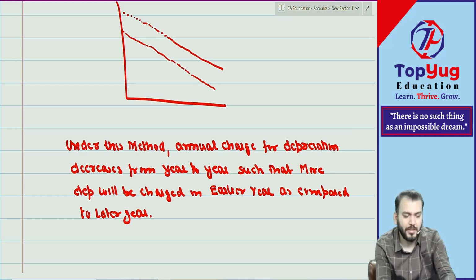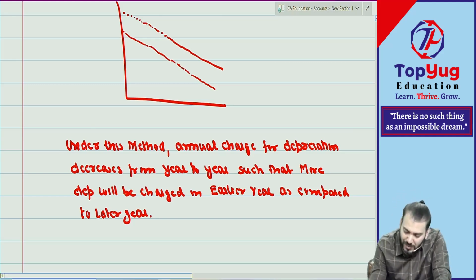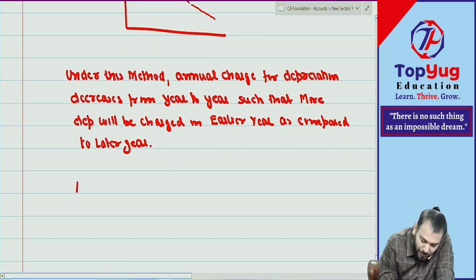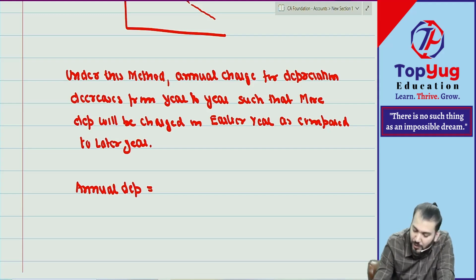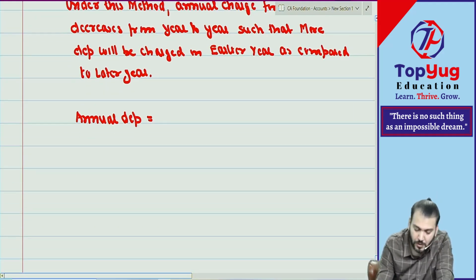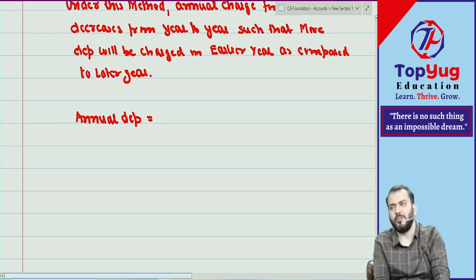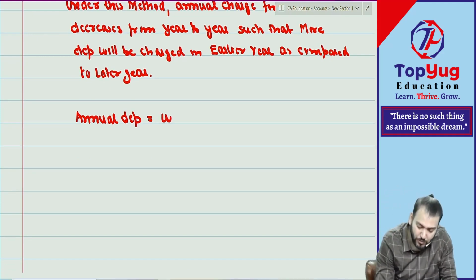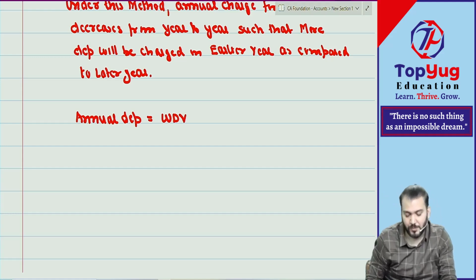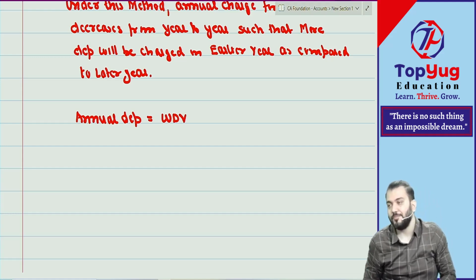Simple. Now in this case, what will be the formula? Annual depreciation will be equal to what? Will be equal to WDV. WDV means what? Written down value.